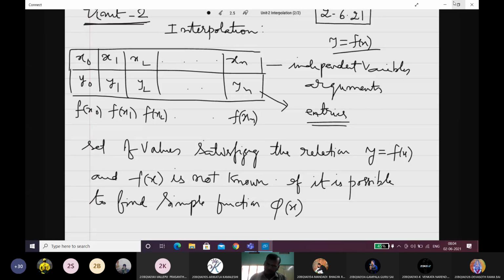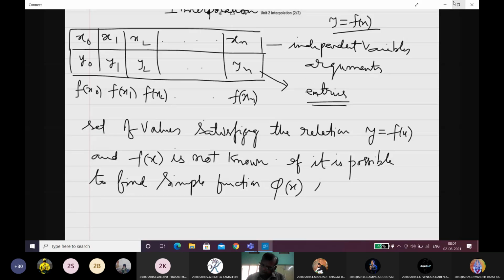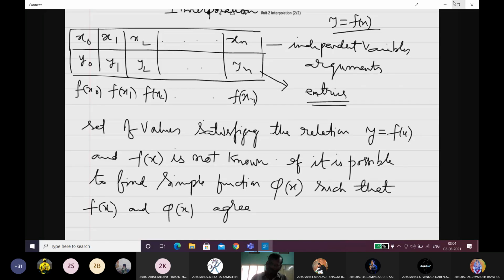Such that f of x and pi of x agree at the set of above tabulated values.